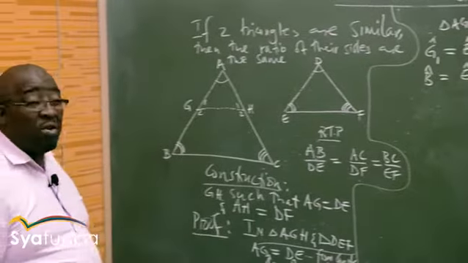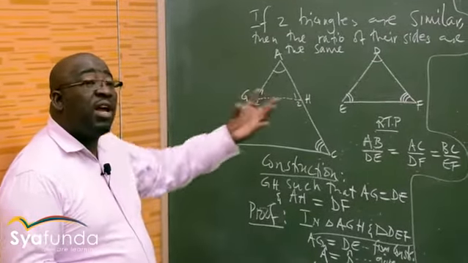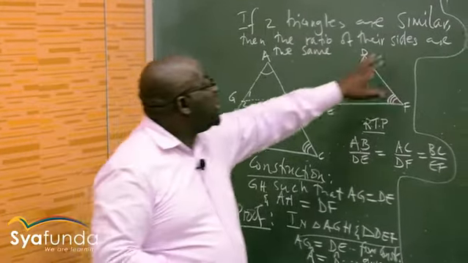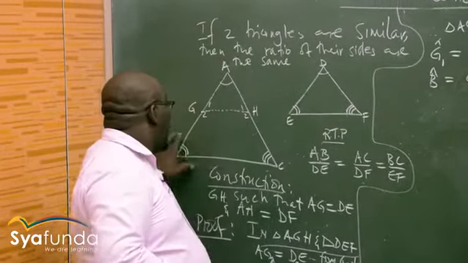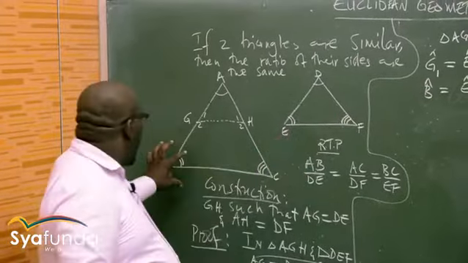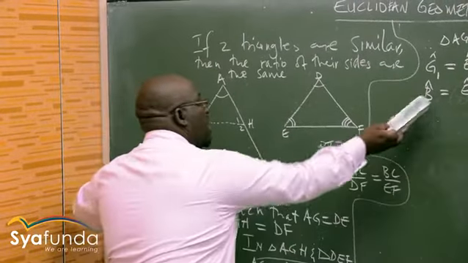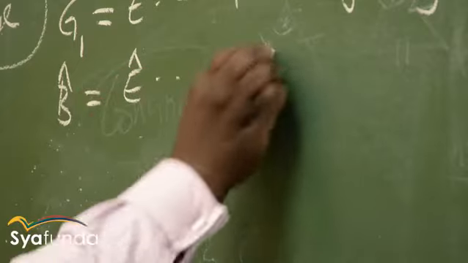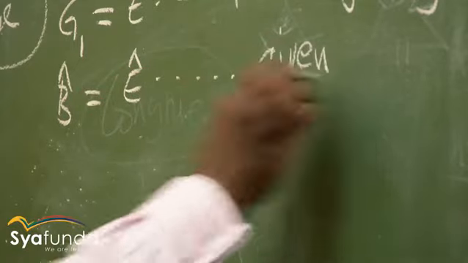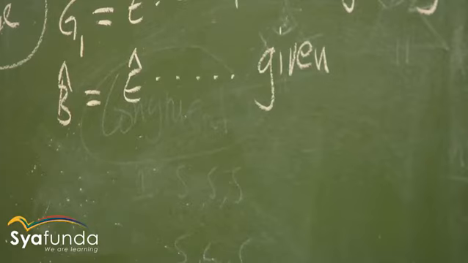We were given that originally. But also, because the two triangles are similar, the corresponding angles are equal, and this one goes with that one. So angle B is equal to angle E, which we were given in the original statement. Because the two triangles are similar, the corresponding angles must be the same.